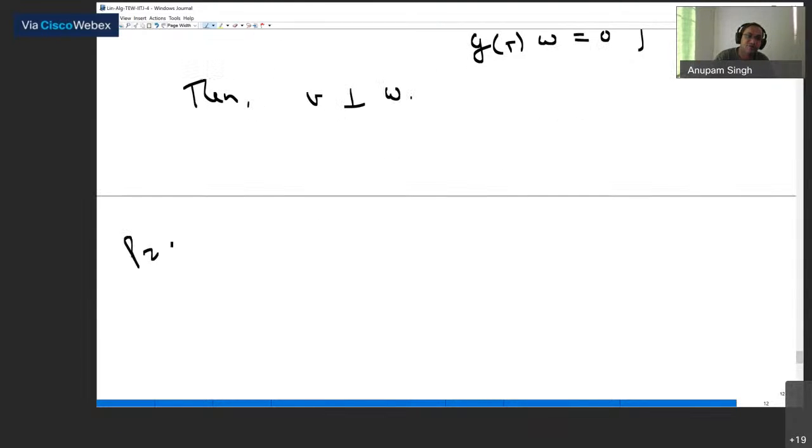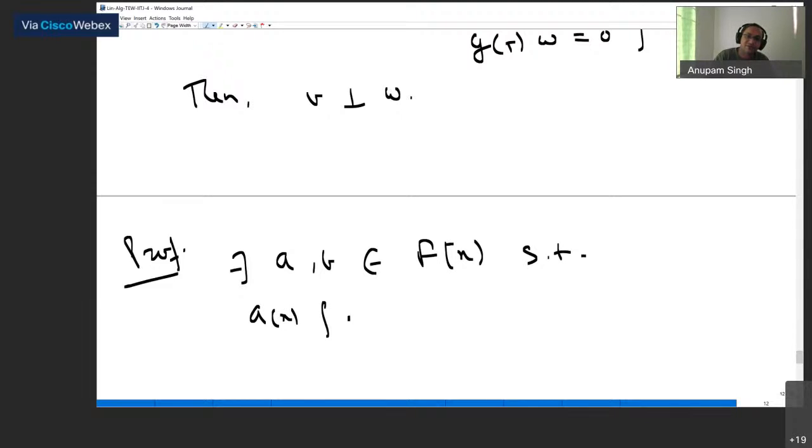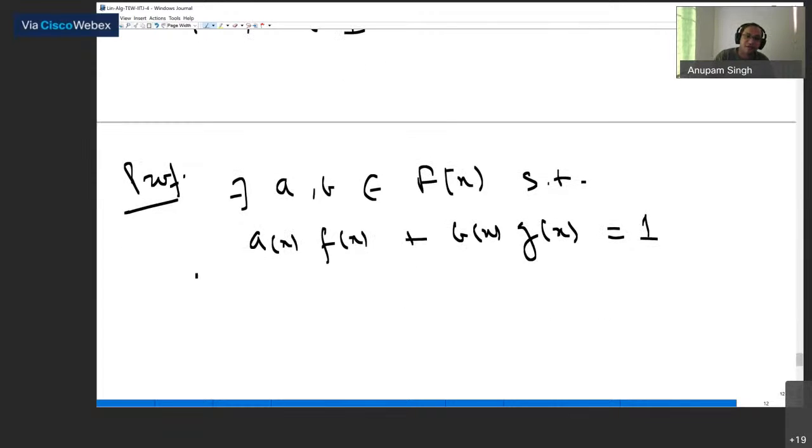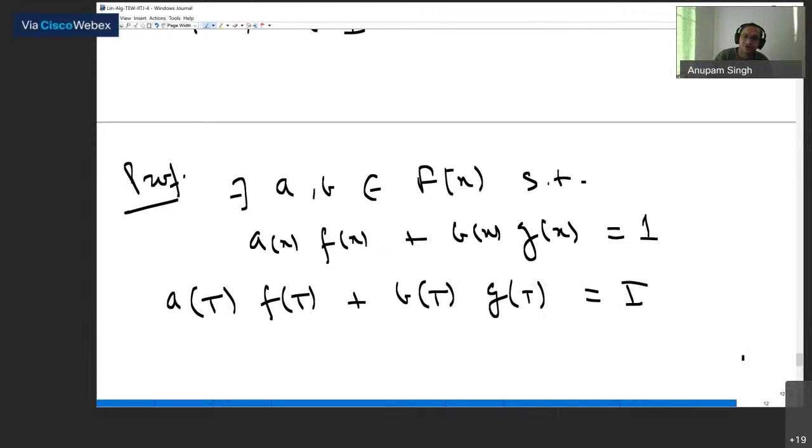Since f and g are coprime, using some ring theory result, there exist a and b in F[x] such that a(x)f(x) + b(x)g(x) = 1. Now I apply the operator T in this equation, so I get the identity operator.